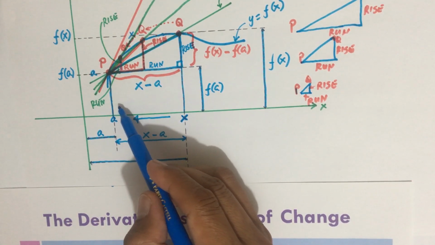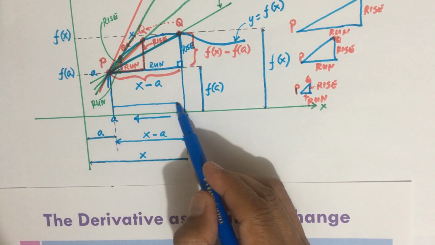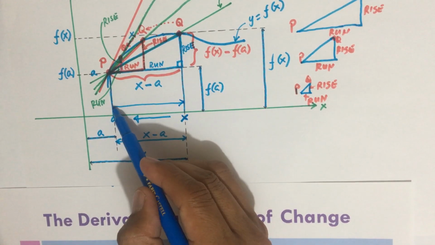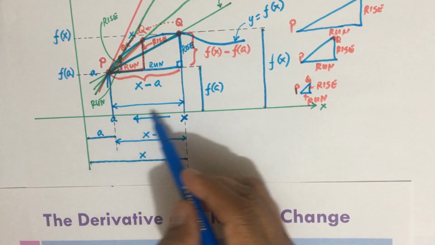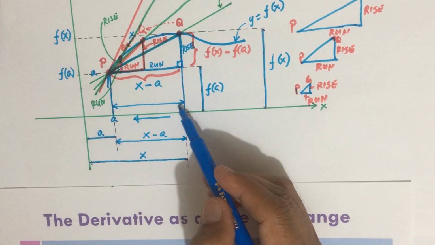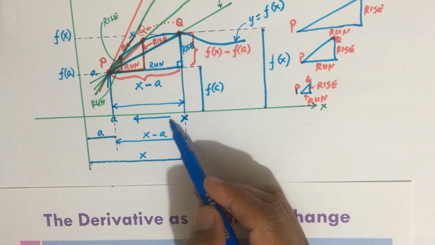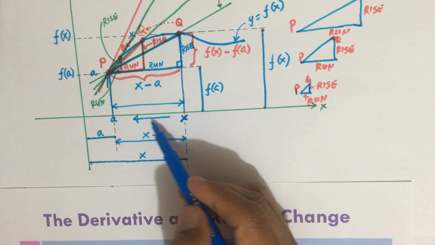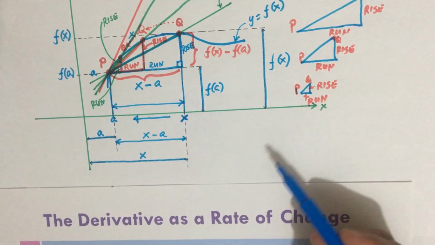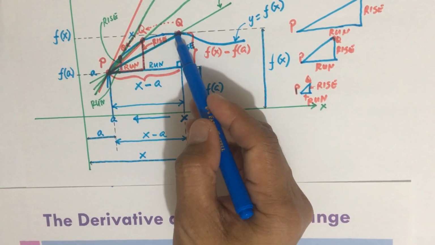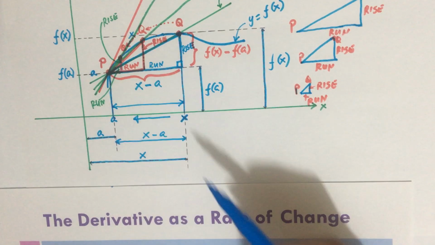This is the interval where our x is changing, or decreasing towards A, as Q moves from this initial position towards P.